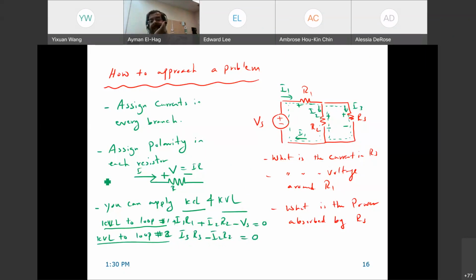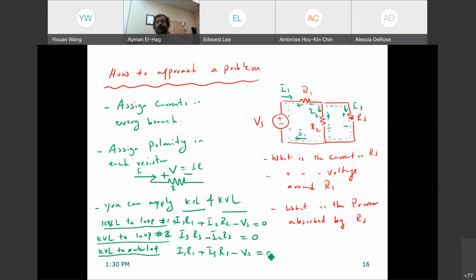Now someone may say, okay, wait a second. I can get you another KVL loop if I apply KVL to the outer loop. So if I apply KVL to the outer loop, which is I1 R1 plus I3 R3 minus Vs is equal to 0.